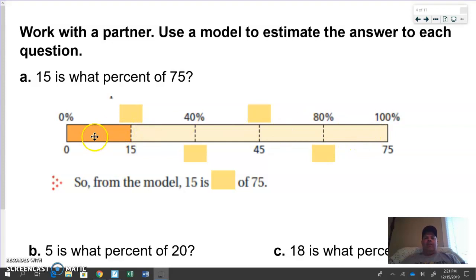So 100 divided by 5, each one of these should be 20. 20, 40, 60, 80, and 100. So as I go down here, we're counting by, it looks like 75 broken into 5 groups is 15. So this is 30, 45, 60, and 75. So 15 is 20% of 75.